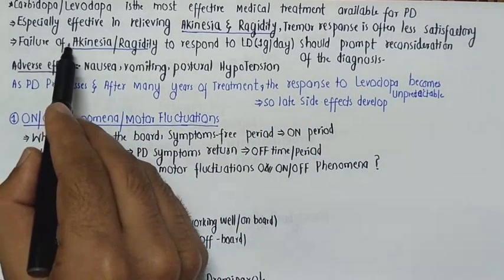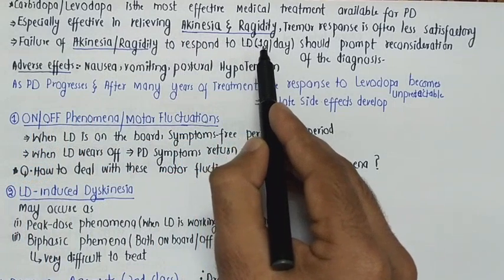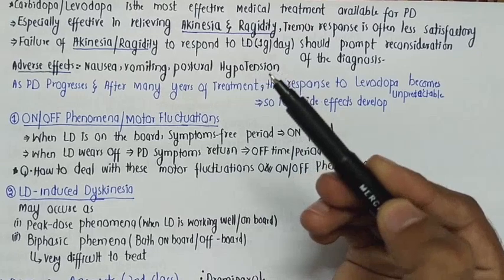Now, failure of akinesia and rigidity to respond to levodopa at a dose of 1 gram per day should prompt reconsideration of the diagnosis.